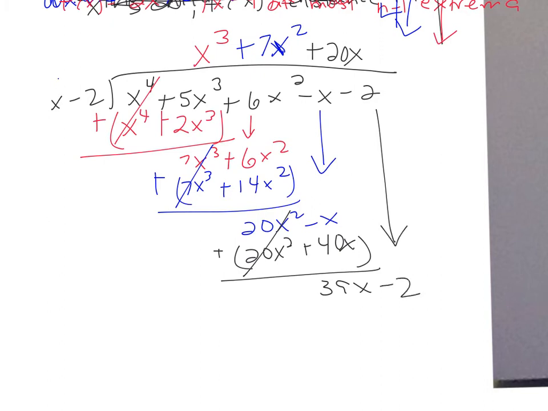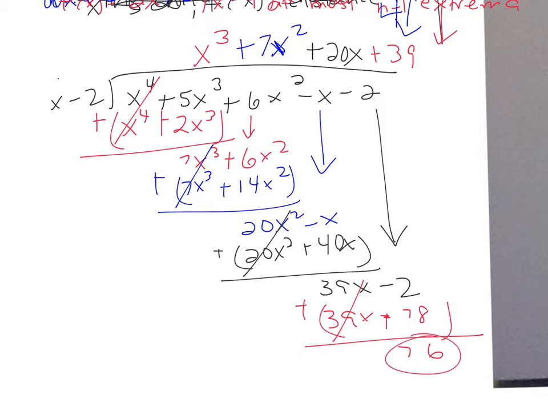Bring down the negative 2. And then x times what is 39x? That would be 39. So multiply down, we get negative 78 and 39x. Subtract. The 39s cancel. And then when I get plus plus, I get 76. And that's my remainder. So I write it like this.